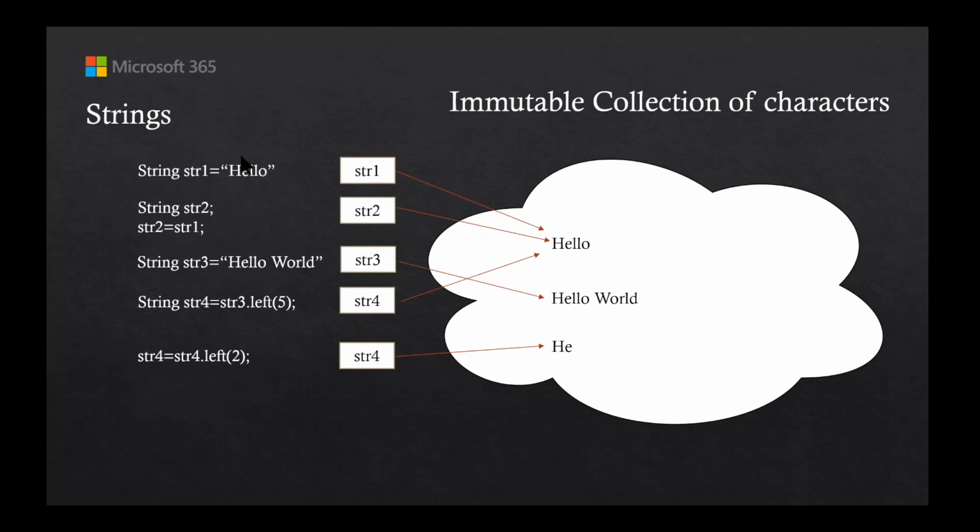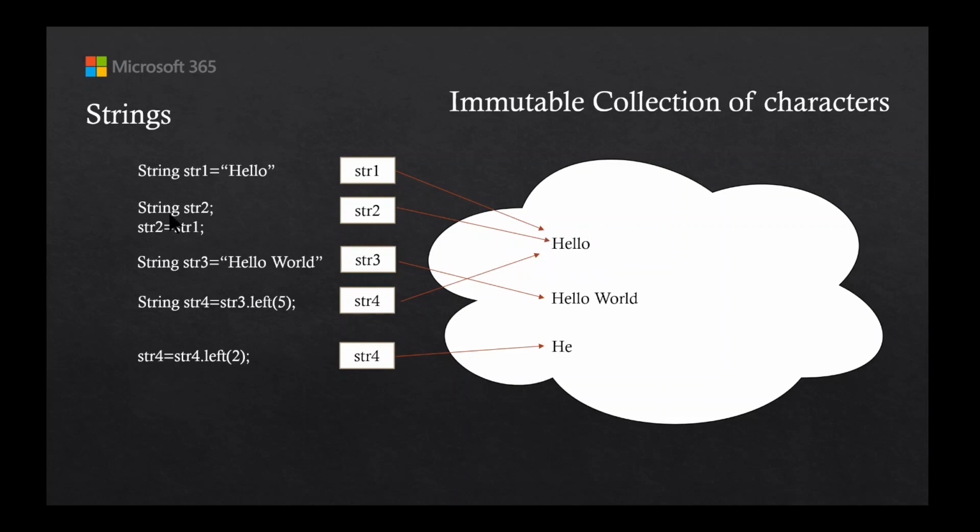Suppose I execute this line of code where I'm declaring str1 with a value of hello. What it will do is in step 1, in memory or in a pool, it will create a collection of characters and assign it to this particular variable. So this str1 is now referencing a memory location where hello is stored.